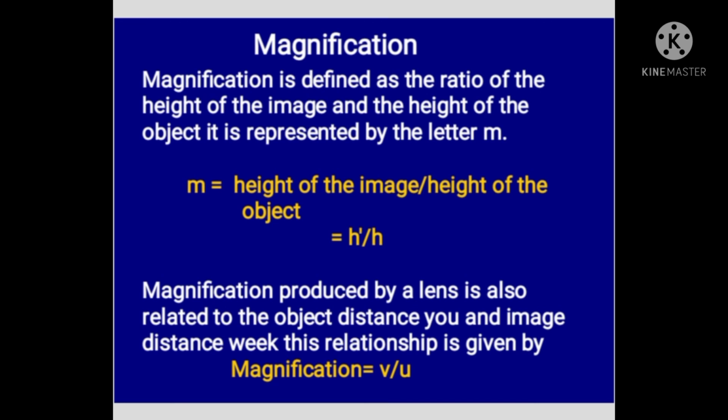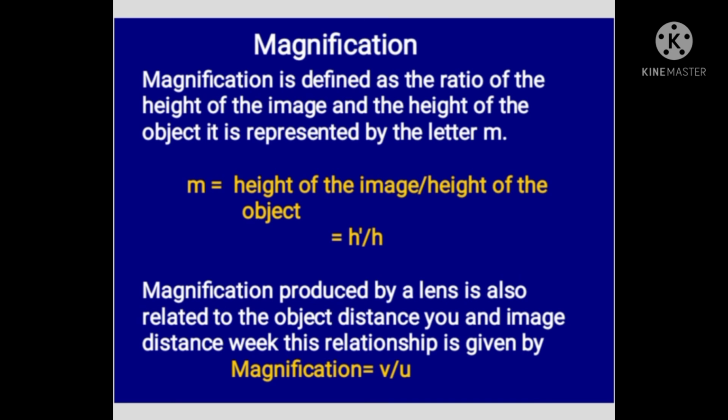Next, the magnification of spherical lenses. The magnification produced by a lens, similar to that for spherical mirrors, is defined as the ratio of the height of the image to the height of the object. It is represented by the letter m.